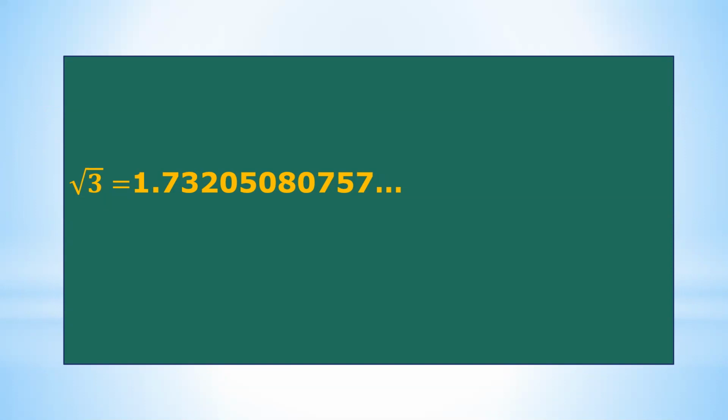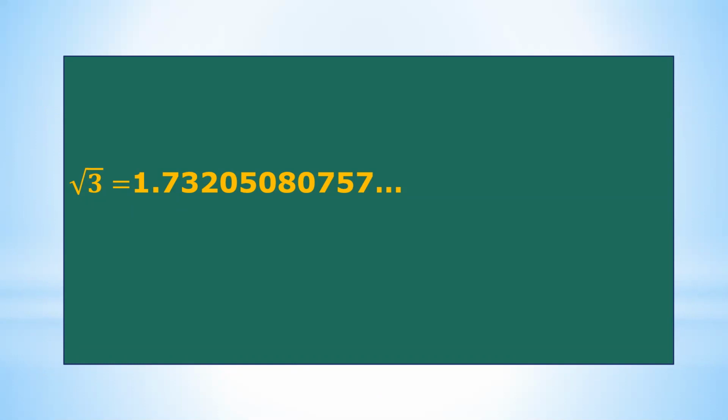Now, if you look at this expression, do you think the square root 3 is well defined? It's not well defined because only a part of it is written. After 7, there are infinitely many digits that cannot be expressed here. How do you express an infinite number of digits?